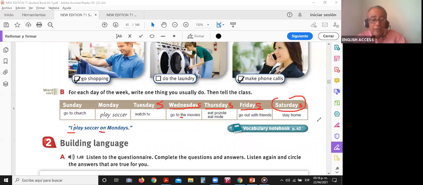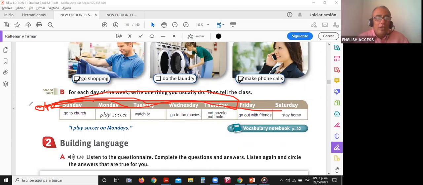Very important. We use on to talk about the days of the week. On Sunday, on Monday, on Tuesday, Wednesday, on Thursday, on Friday, on Saturday. We use on to talk about days of the week. Very important. Okay?